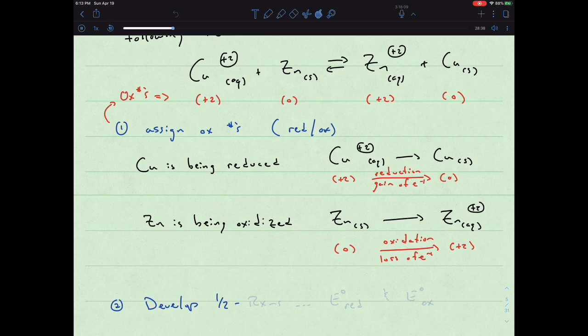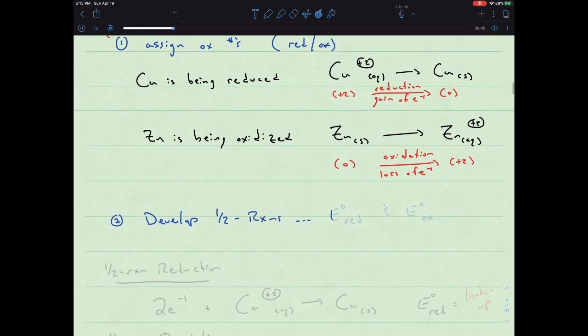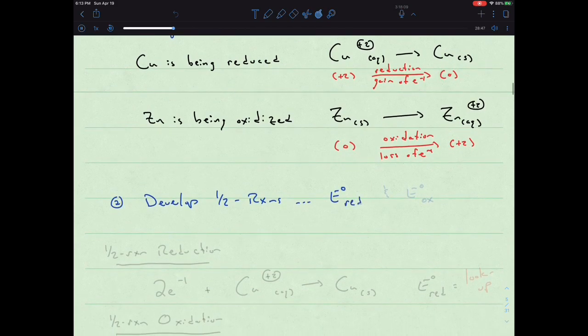So here we want to develop the half reactions. Half reactions are going to lead us to our reduction potential and our oxidation potential. We can develop the half reaction for reduction.